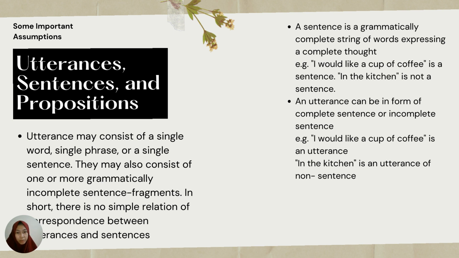Example, I would like a cup of coffee is a sentence. In the kitchen is not a sentence. An utterance can be in the form of a complete sentence or an incomplete sentence. Example, I would like a cup of coffee is an utterance. In the kitchen is an utterance of a non-sentence.